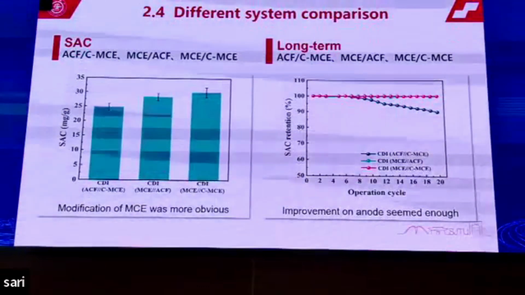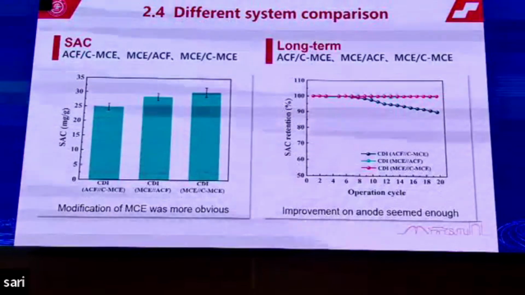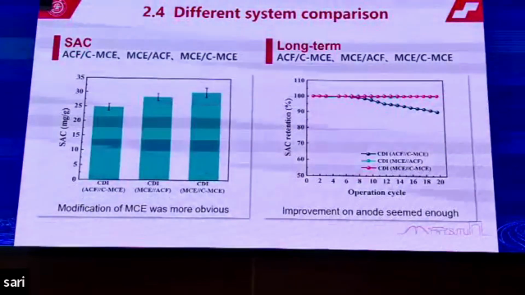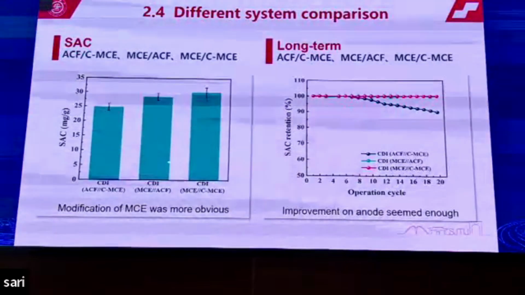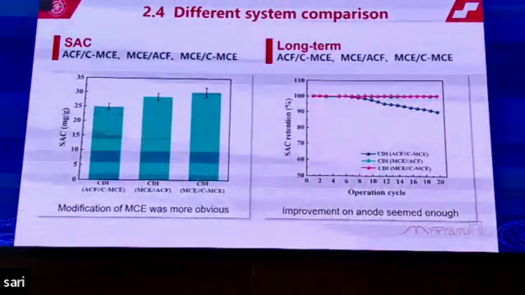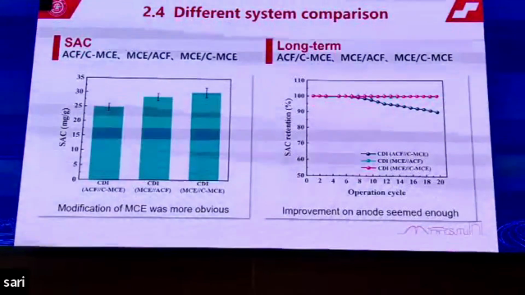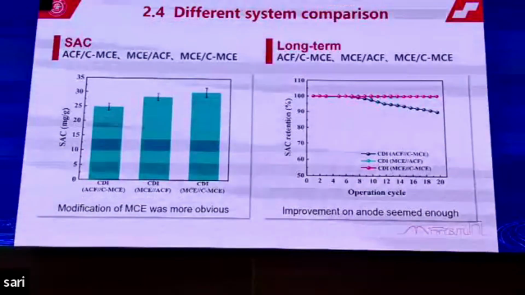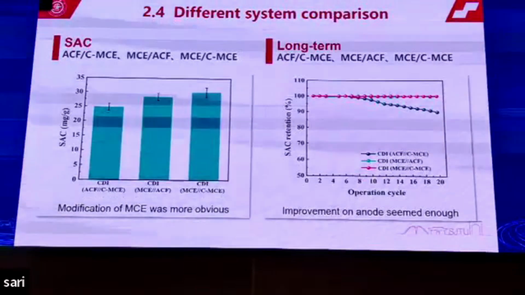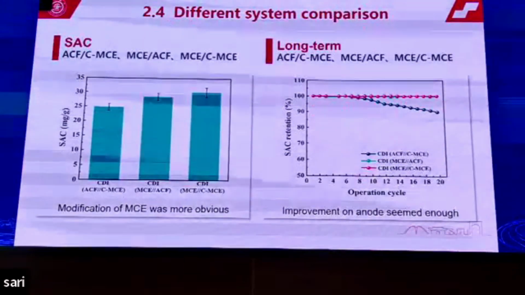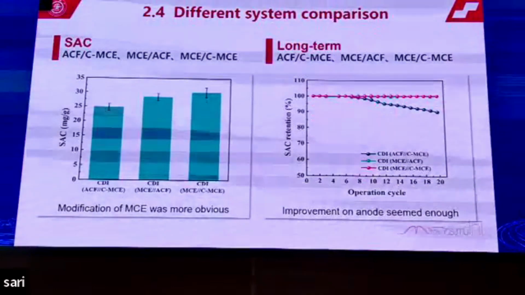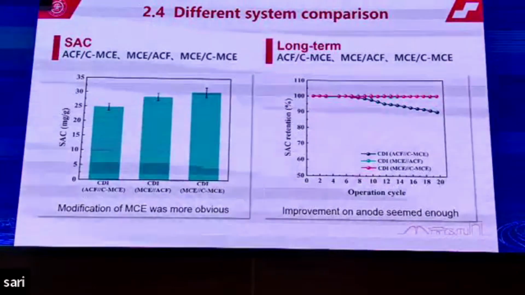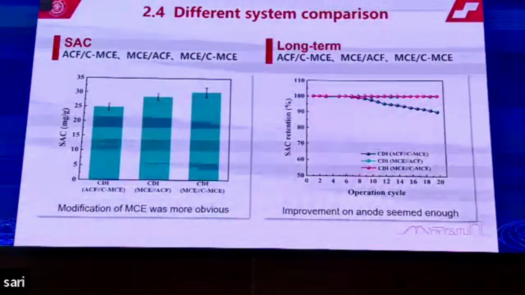And we found if we change both of them, the performance will be the best. However, if we only change the anode, it also showed quite good performance, especially during the long-term operation. You can find it's almost as stable as when we changed both anode and cathode. So in the future work, we just change the anode materials.